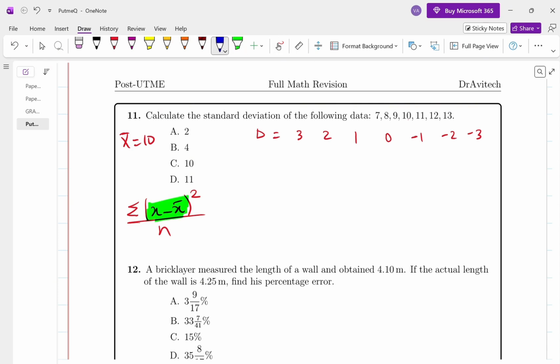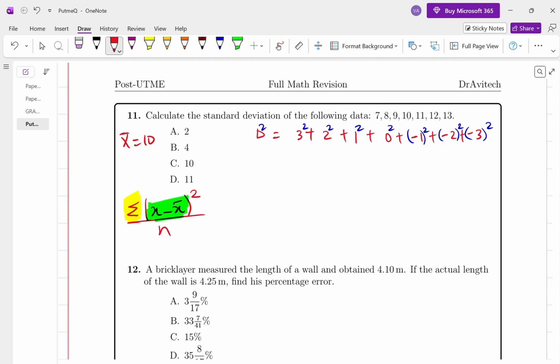So I'm going to put square, square, square, square, square, square, square. That's what I'm going to do. So I've taken my deviation squared. Now next thing I'm going to do is sum them up. That's what this sign is here, this yellow guy. So it says I'm going to sum them up.